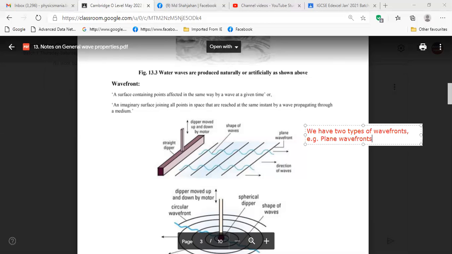Plane wavefronts means they are straight.